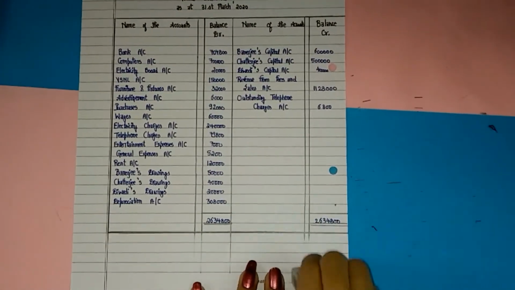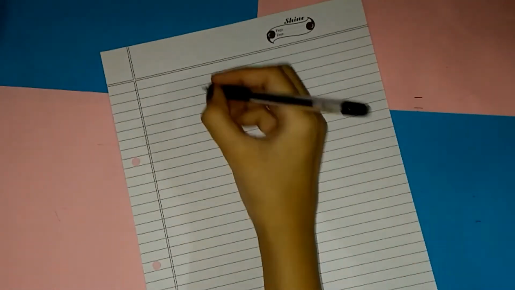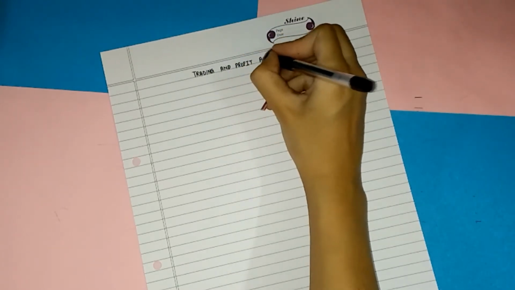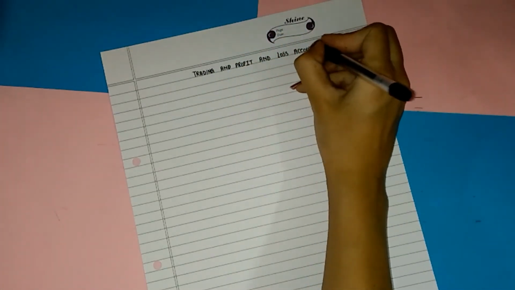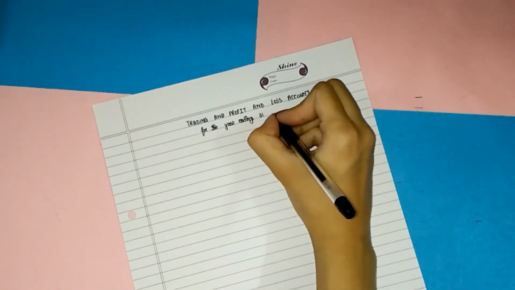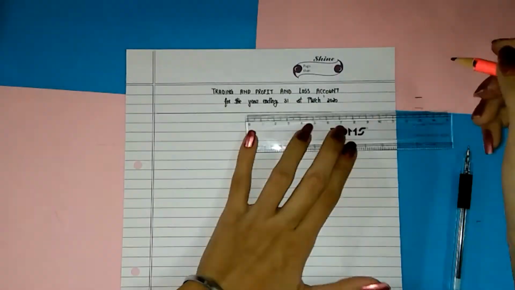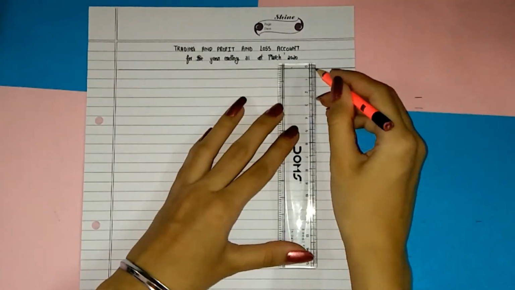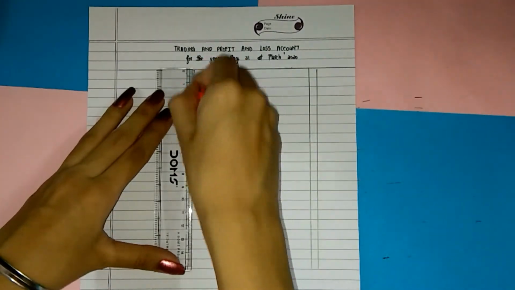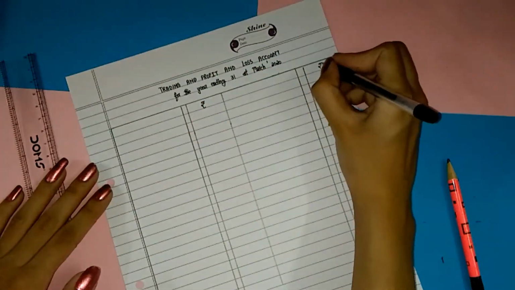So as the trial balance ends, take out a new sheet. Start with the trading and profit and loss account. Make it on a fresh page, as again it's given in the guidelines that you have to start it with a fresh page. Make the accounts.